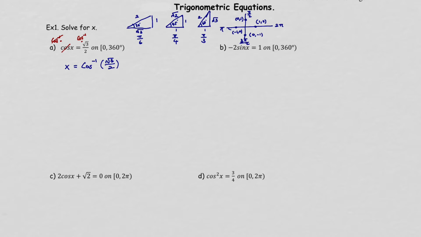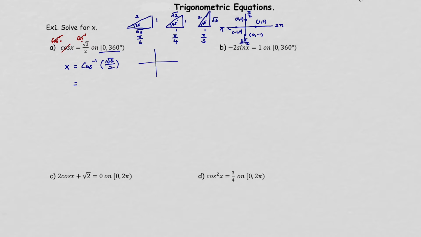And from this information, you want to find which angle gives you cosine square root of 3 over 2. Cosine square root of 3 over 2, that's going to be 30 degrees. So then this is going to be 30 degrees. And remember, it's between 0 to 360 degrees.